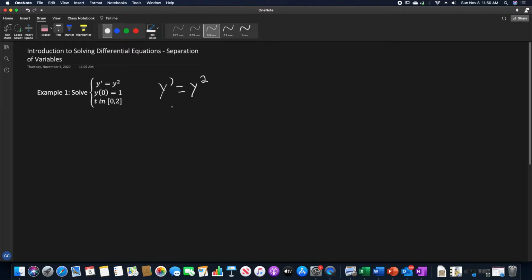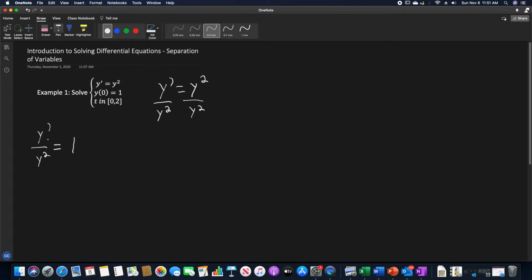So, dividing by y squared, we are going to have, as our new equation here, y prime divided by y squared is equal to, since there was no t value inside of here, I'm just going to write that the right side of this is going to be equal to 1.